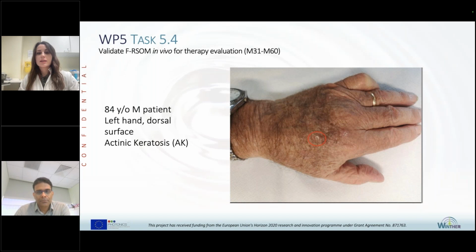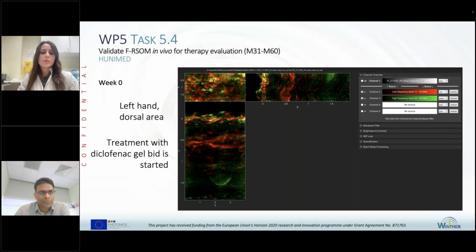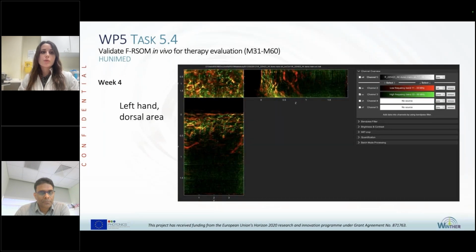The first clinical case is about a male patient of 84 years old that had a cutaneous lesion on his left hand, and we took some images at week 0 before the beginning of the treatment, and after 4 weeks of treatment, which we decided to do with diclofenac.